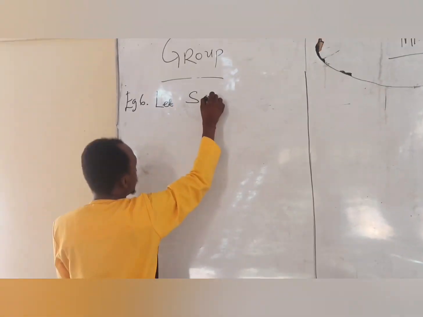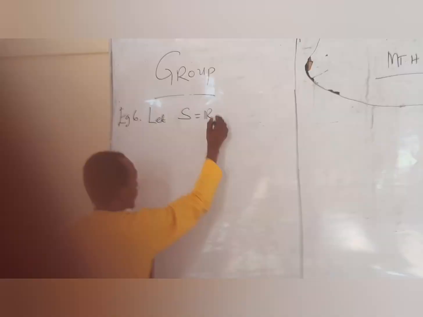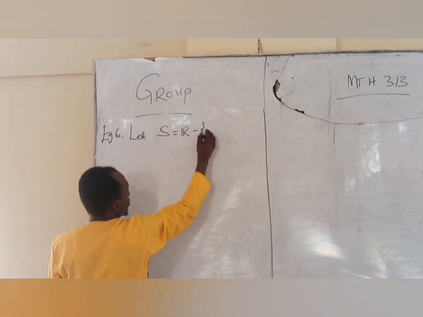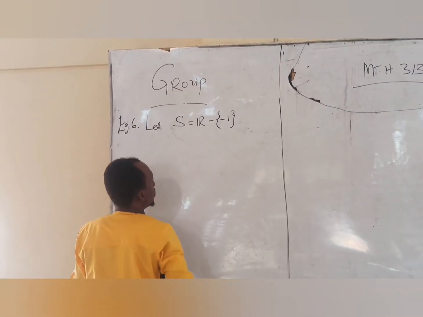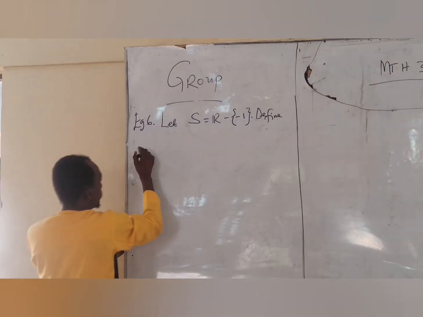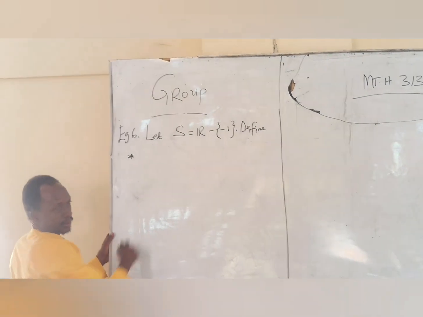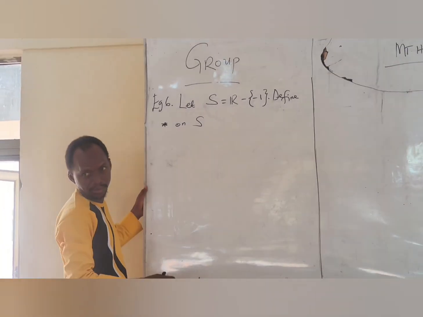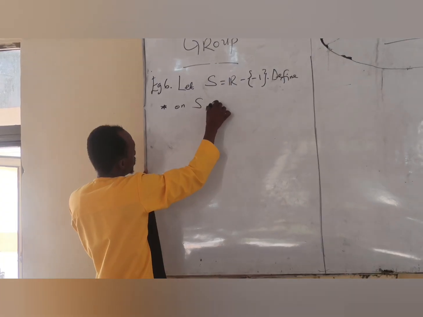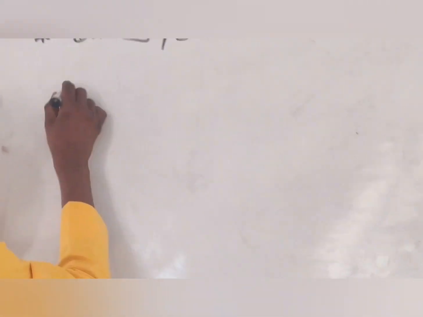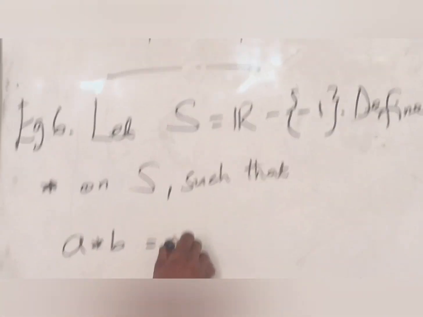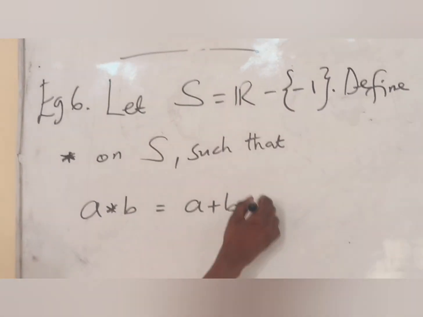S is equal to R minus {-1}. Define an operation star on S, such that A star B is equal to A plus B plus AB.